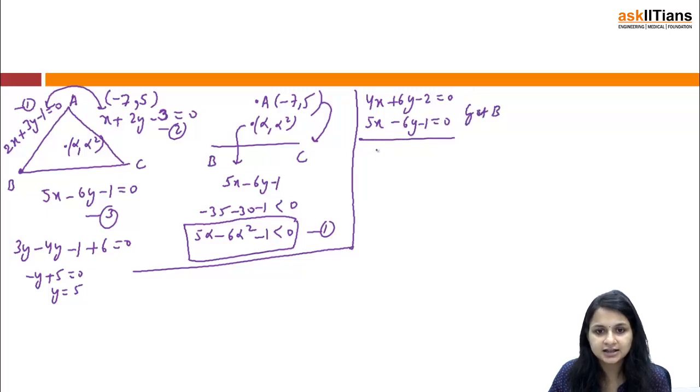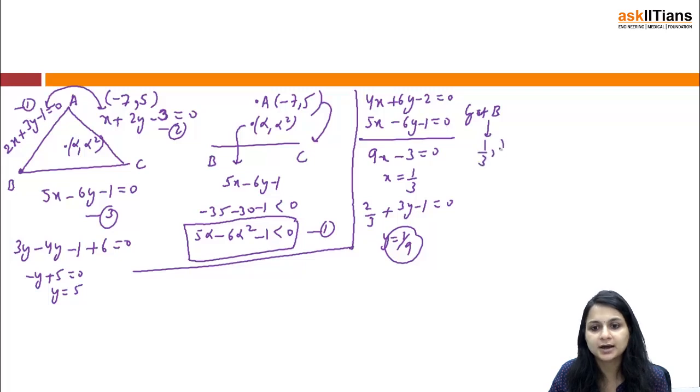This gives me 9x minus 3 equal to 0, or x equal to 1 by 3. If x equal to 1 by 3, I will put it in one equation. So 2 by 3 plus 3y minus 1 equal to 0. So 3y equal to 1 by 3, y equal to 1 by 9. So the B point becomes 1 upon 3 comma 1 by 9.